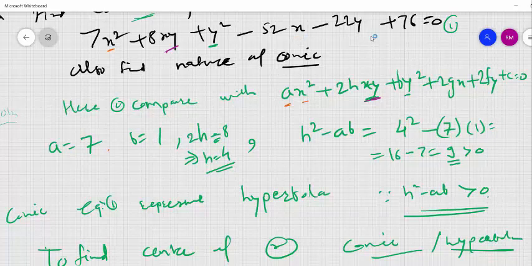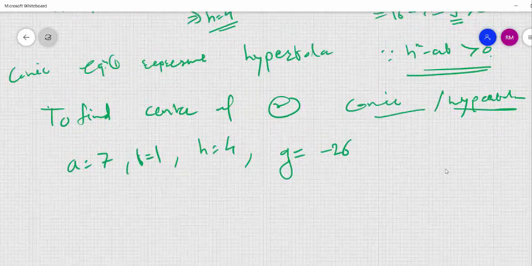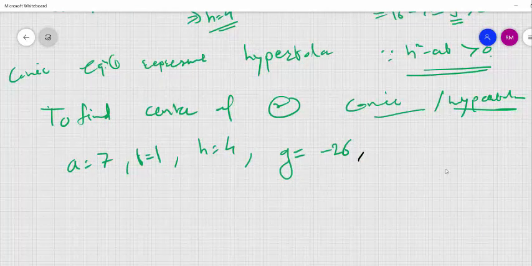Sorry, I have to make a correction. So g is equal to minus 26. f is equal to minus 11 and c is equal to plus 76. We are just comparing.